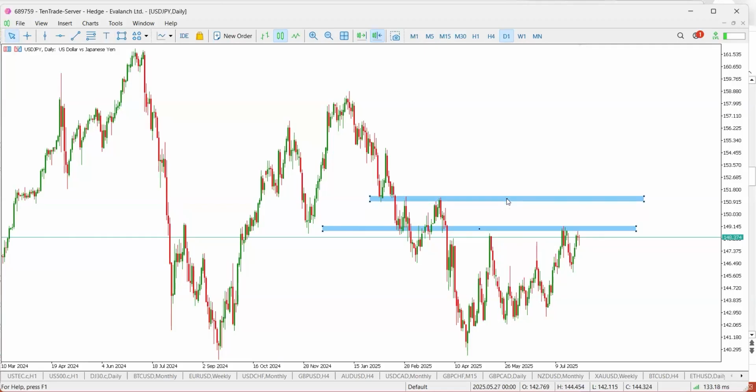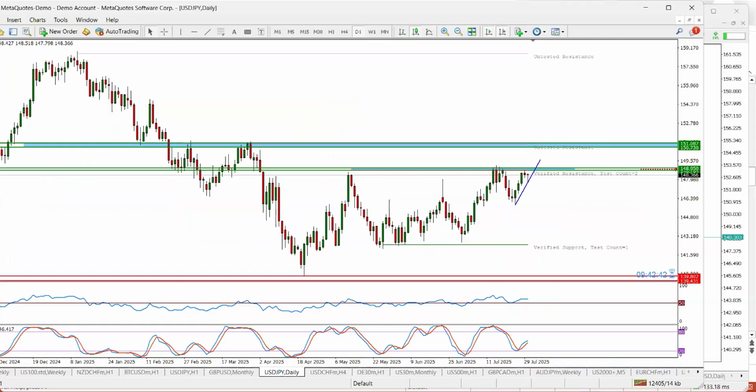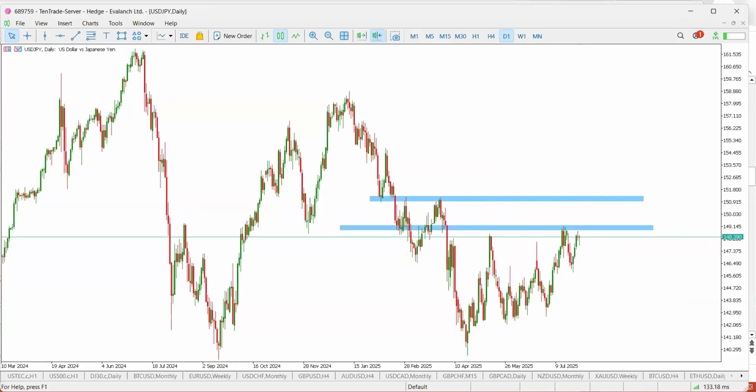That's just basically what you do on your charts: you replicate what you are getting here. This is where I do the rough sketch, and then I replicate it here. That's just it, easy peasy, very simple.